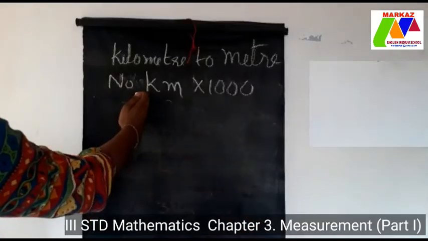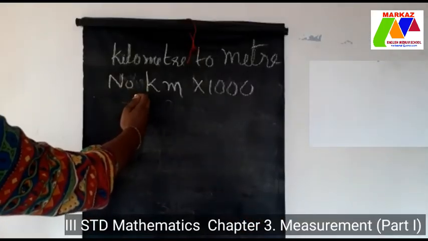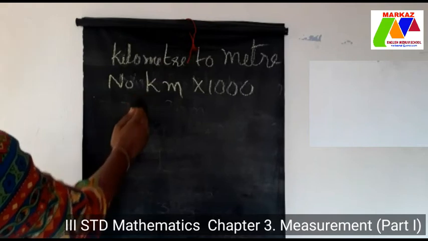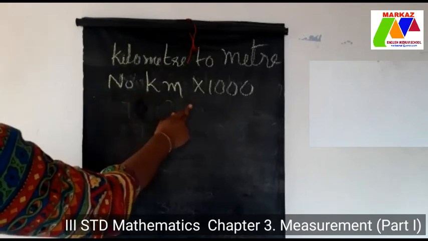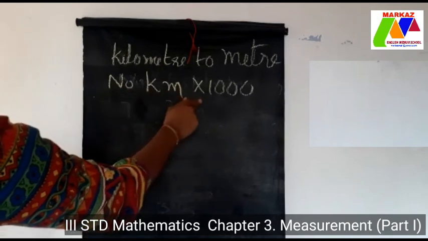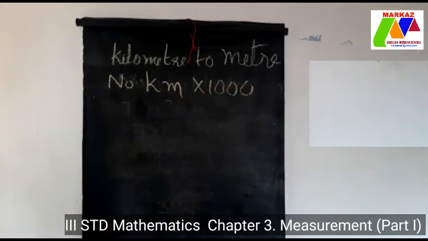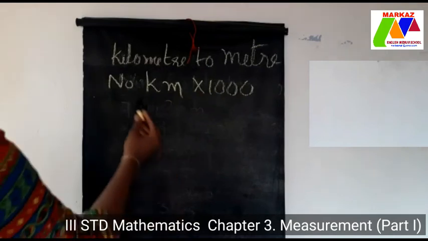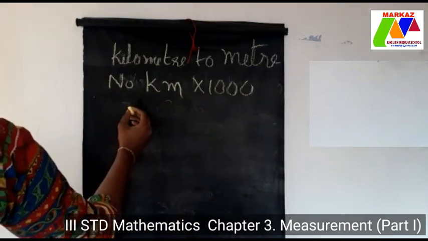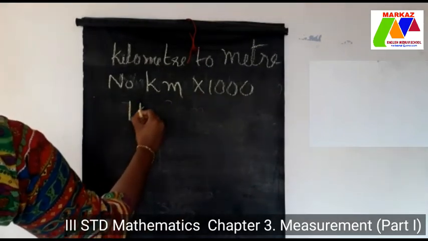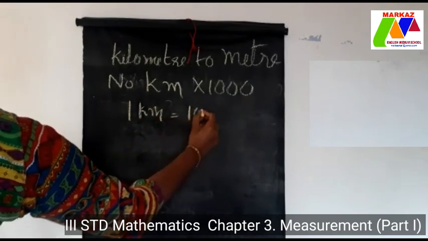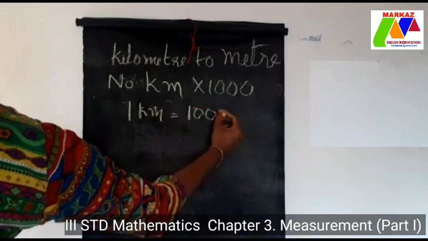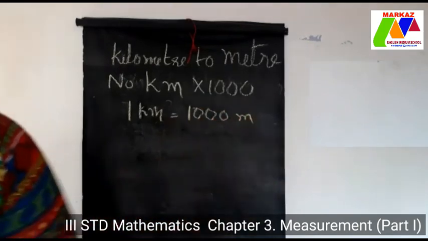Okay students, now let us study how to convert kilometer into meter. So what we have to do is multiply the number of kilometers by 1000. So let us study with some examples. 1 kilometer is equal to 1000 meter. Okay.